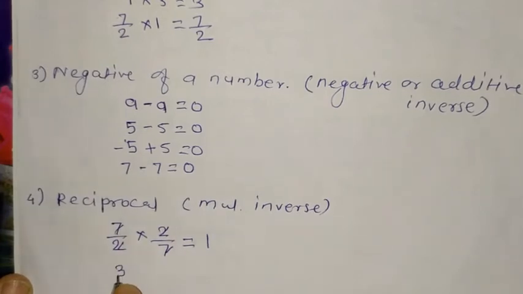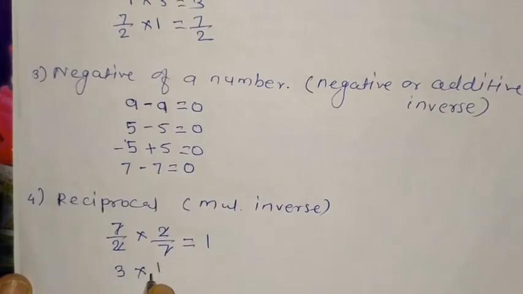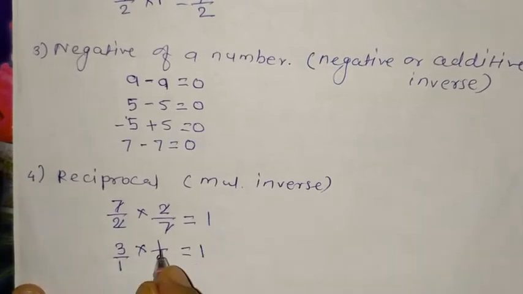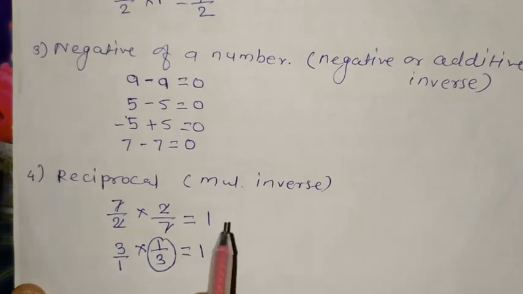If you have the number 3, then its reciprocal is 1 by 3, because the denominator is 1, as we have learned previously. So we get 1. This 1 by 3 is the multiplicative inverse, known as the reciprocal.